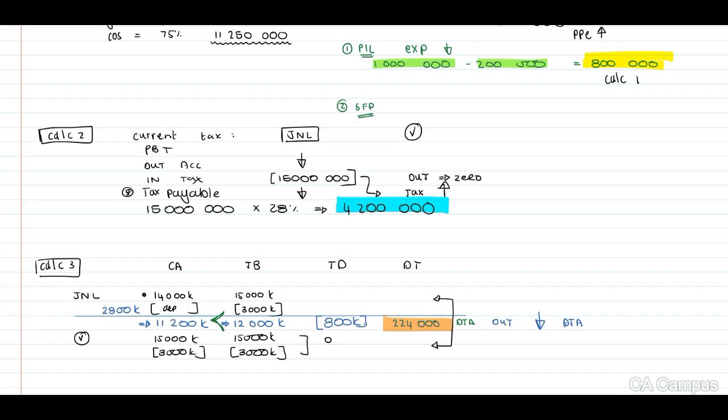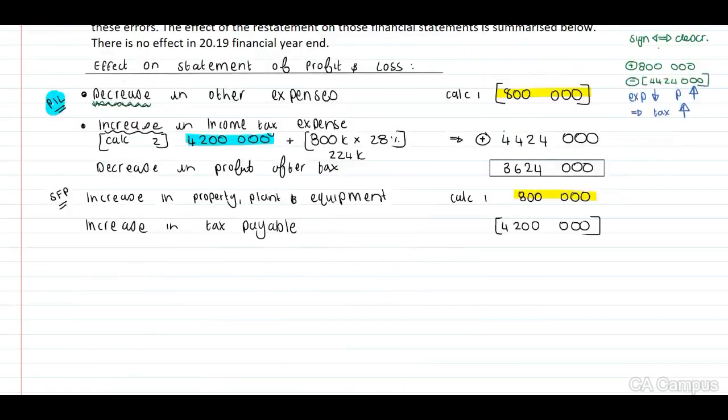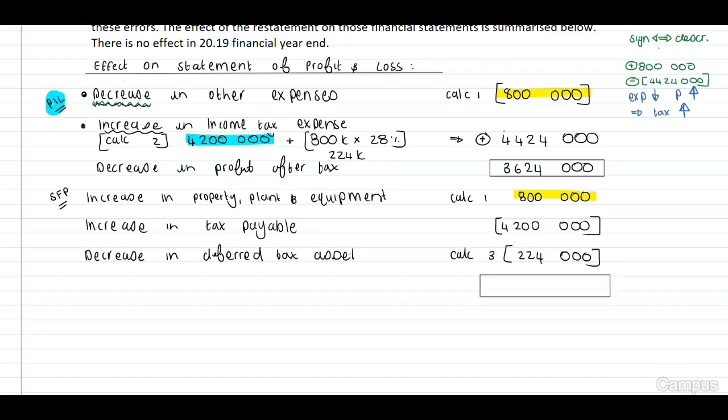Therefore, on the face of our note, we need to include that this will be a decrease. Again, guys, your description needs to match your signs in our deferred tax asset. This is our calculation number 3, and this is 224,000. This is a decrease, and we will have a net effect on our retained earnings.